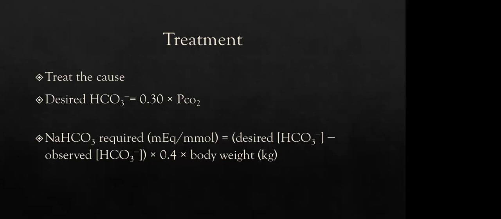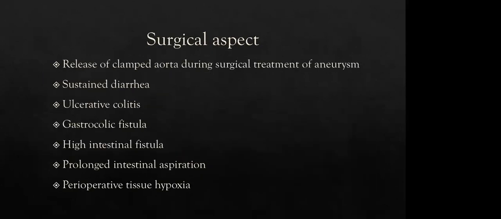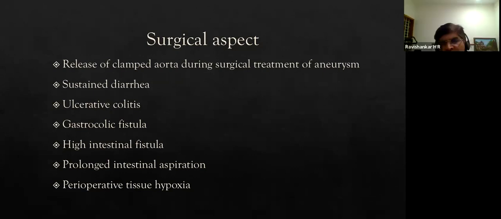Nikitha. Yes, sir. Sir, out of all the surgical aspects, which of them is most common that we come across? See, the most common surgical thing which you have not mentioned here is sepsis, intestinal obstruction, peritonitis, acute severe pancreatitis, trauma.